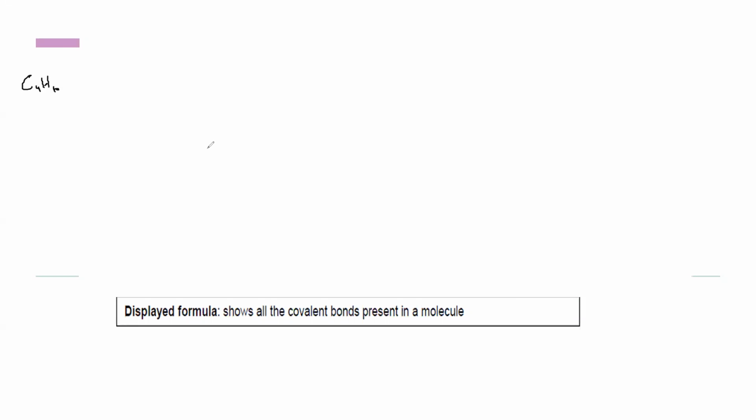When we represent all of the bonds between the carbons and between carbon and hydrogen, all the covalent bonds, we call this formula a displayed formula.